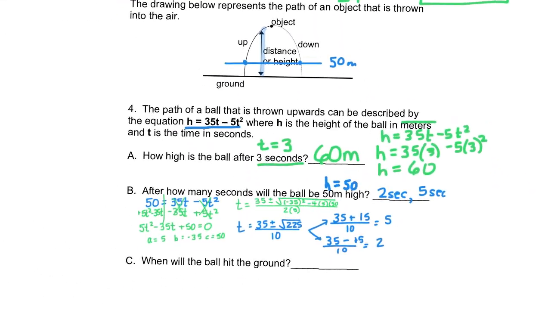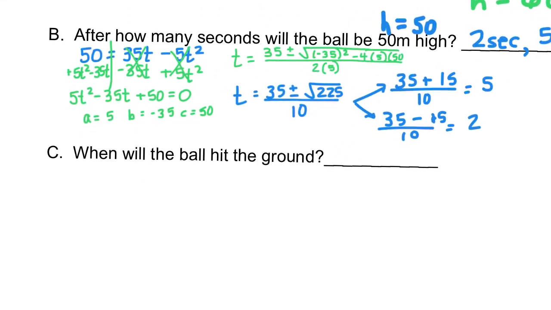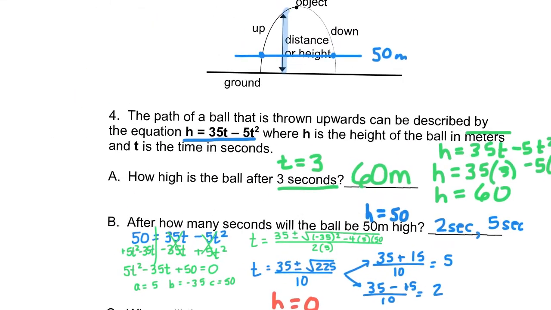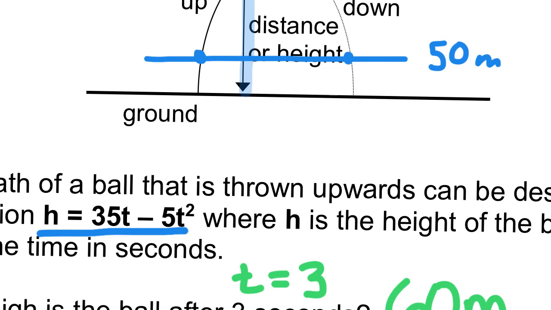That's very helpful when we're looking at letter C. When will the ball hit the ground? Well, when it hits the ground, the height is equal to 0. Looking back at the picture, where is the height 0? Right here. So it appears that there would be 2 answers.